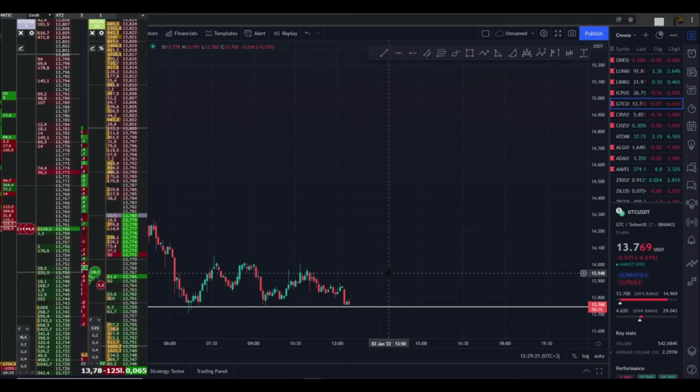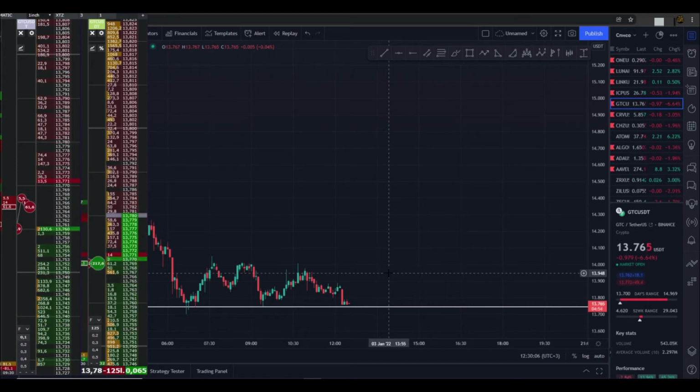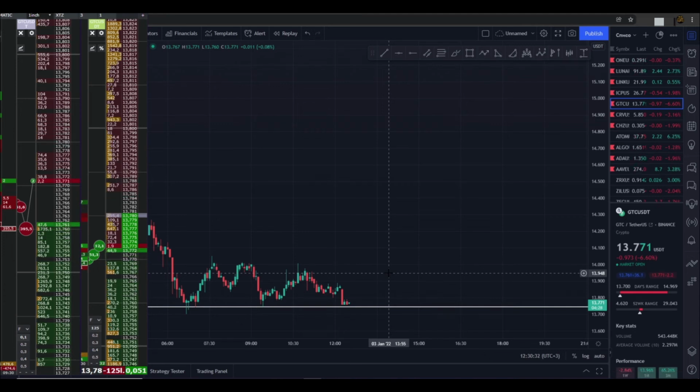Our last trade for today was on the GTC USDT, sorry. I'm expecting the price to break the support level, because the price already touched the support level 3-4 times, and on a higher time frame this is a good support level as well. We came to this level a few times, so I'm expecting a good breakout here, and I'm taking a short position.